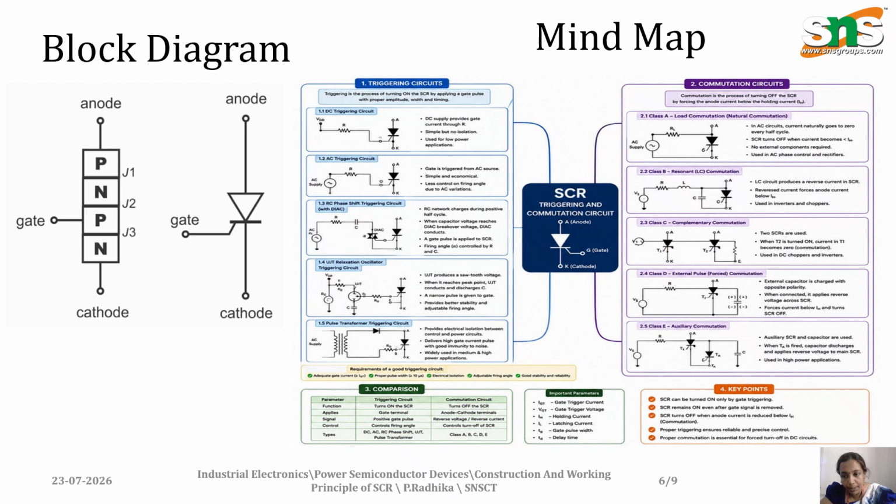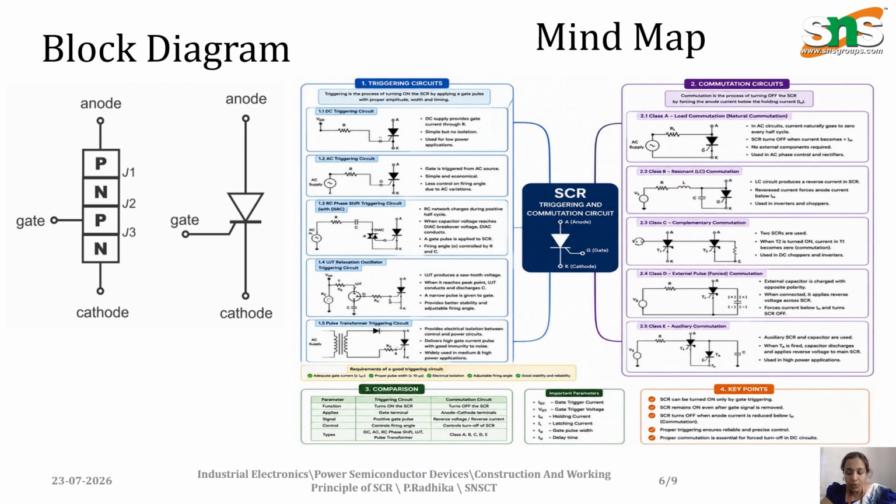When the application is bigger, if we want to control the speed of the motor, then we could go with class C, complementary commutation. In class D, the resistor is connected along with the gate and a capacitor. In class E, two SCRs are there along with one capacitor, one resistor, and one power supply.